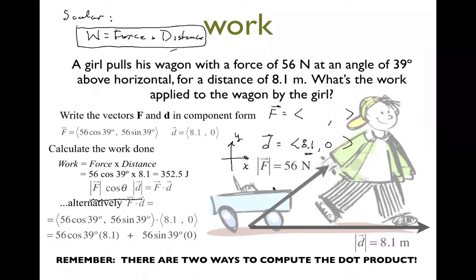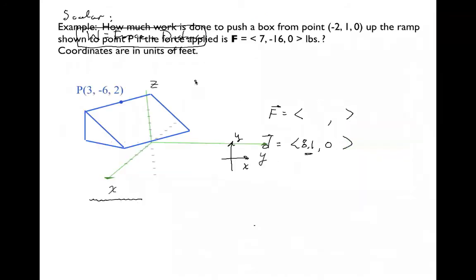There's the way you did on the worksheet, multiply the x's, multiply the y's, and add. And then there's this way, the product of the magnitudes times the cosine of the angle between them. That will also get you the same value. And that calculation is more aligned with this meaning that we have, right? Product of the magnitudes, in as much as they're in the same direction. That's what cosine does.